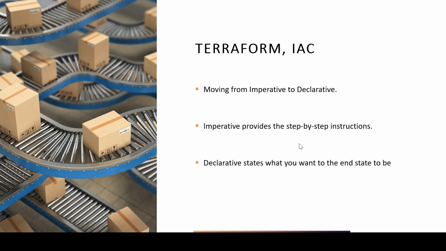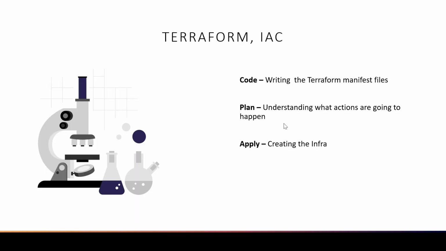This is what Terraform does. It has a state file, and you write the Terraform configuration files, and then you apply those files to provision your infrastructure. So basically, you create the state file, and the state file maps your current state and the desired state. I'm not going to cover Terraform in detail, but this is how it goes.